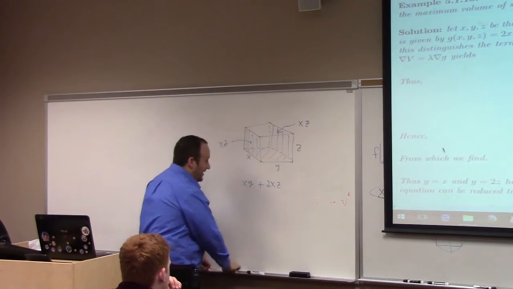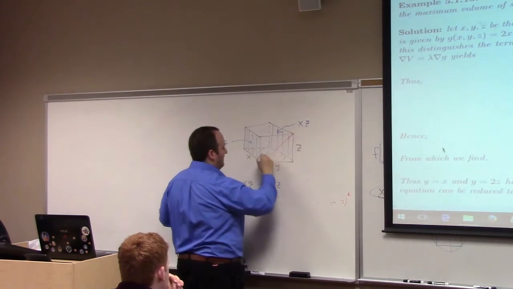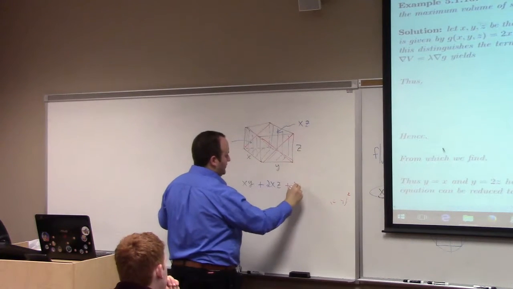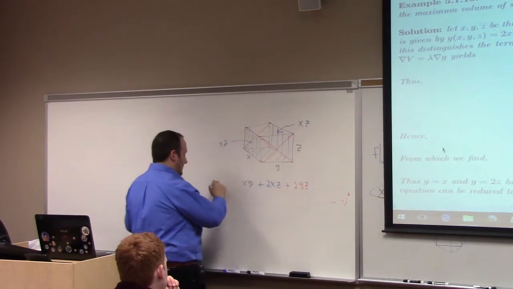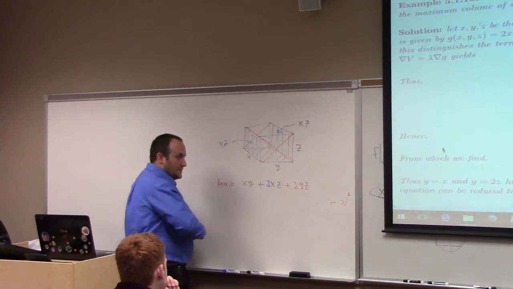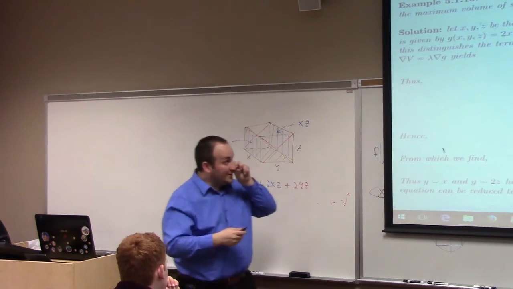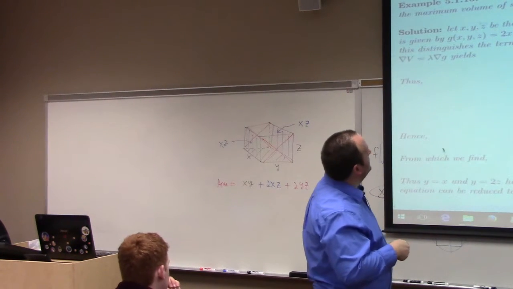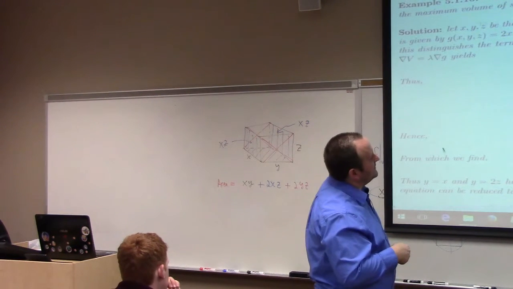And then there's the back and the front, that's 2yz, right? So there you go, that's the area of the box. And we're stuck with that being 12. So we're forced to use 12 square feet, I guess.